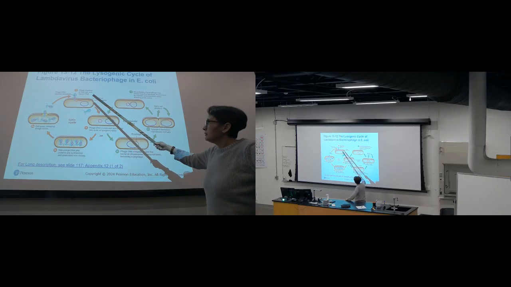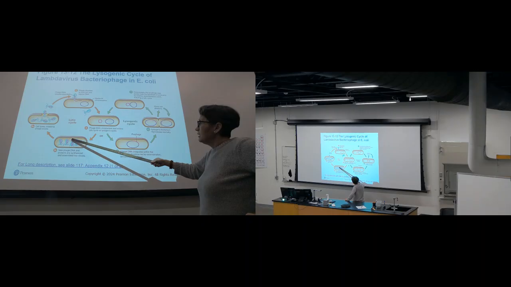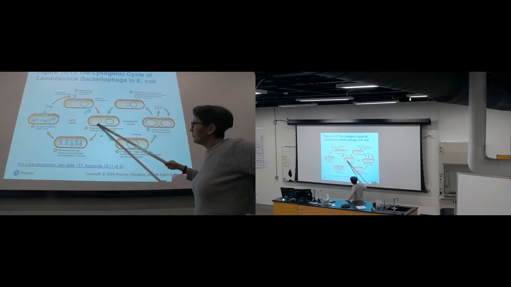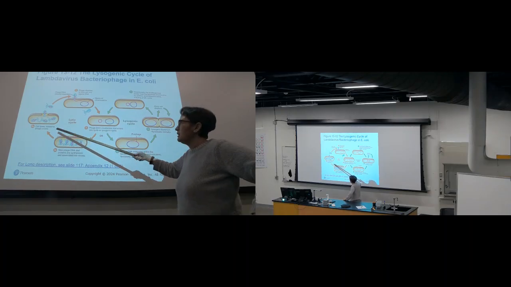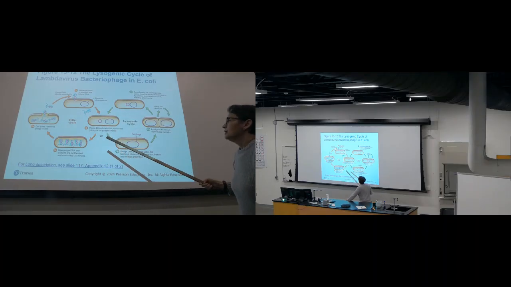Then when this virus starts forming more copies, it can make its own DNA, form more viral particles in maturation, and then release them. That's the lytic cycle, and then it infects more cells.